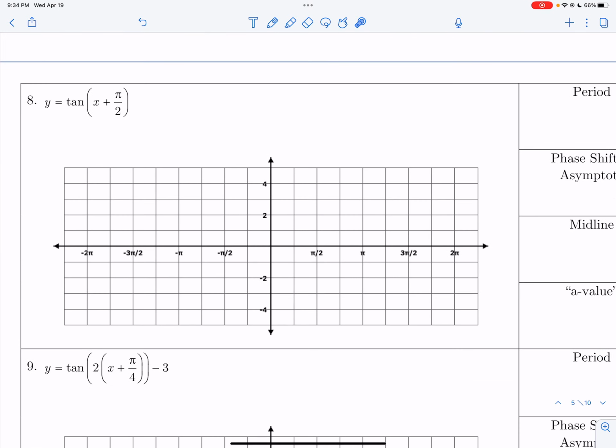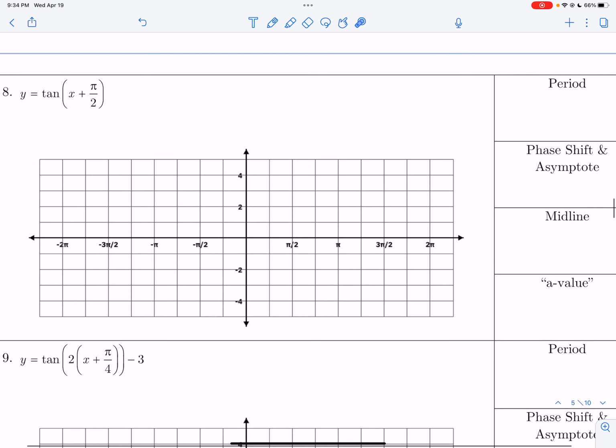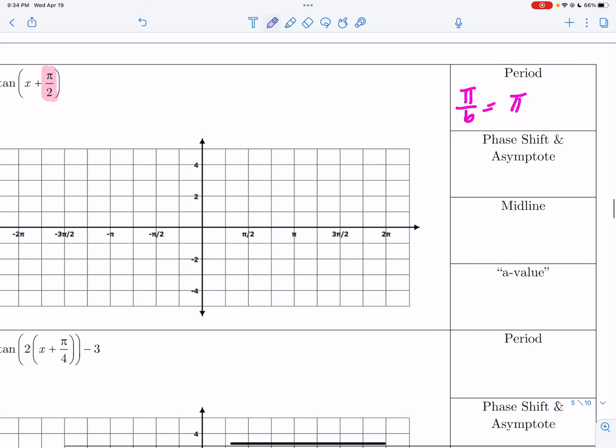Okay, so let's look at 8. I have a period of pi over b, or just pi, since my b value is just 1. I know that I have a phase shift of minus pi over 2. And then my asymptote is pi over 2b.